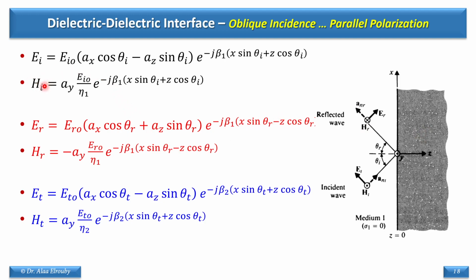To find the magnetic field, we also apply the relation between E and H to find H, and we'll find that H must be in the Y direction. Similarly we do this for HR, and the difference here is this is positive a_y, this is negative a_y.